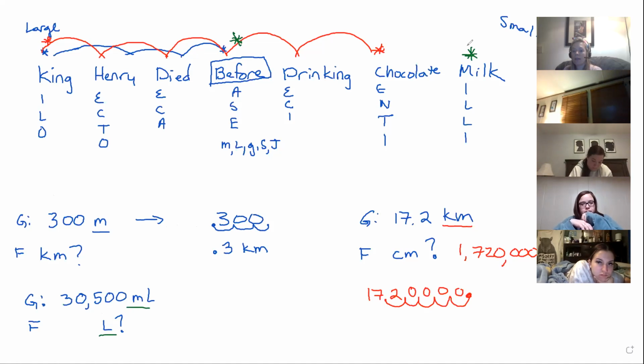So I have to take my decimal and move it 1, 2, 3 hops to the left. Where is my decimal in this number here? It's living at the end. So I move the decimal 3 hops to the left, 1, 2, 3, and we get 30.5 liters.